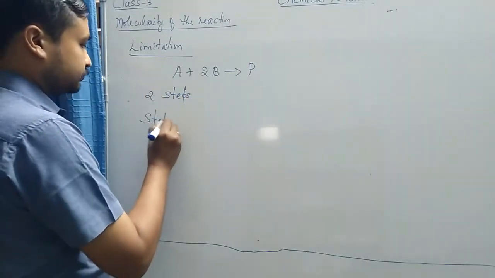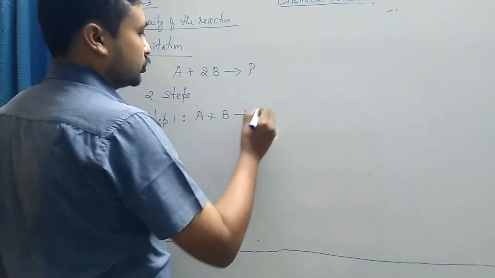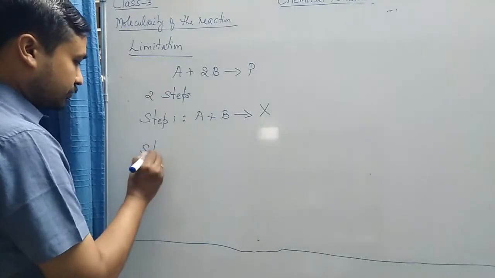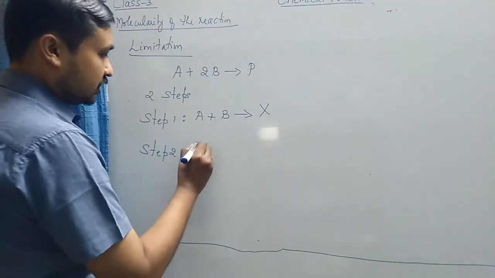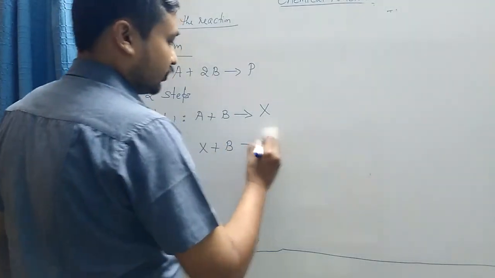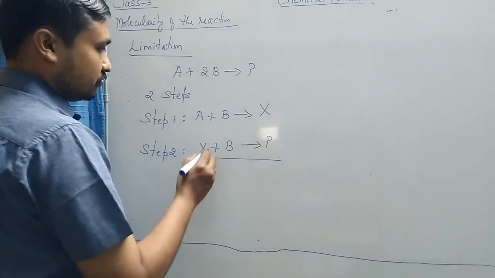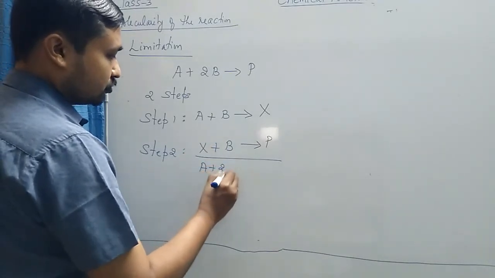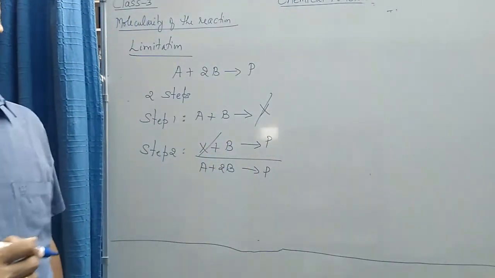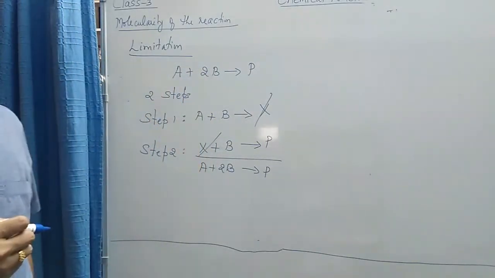In the first step, one molecule of A reacts with one molecule of B to form some intermediate species called X. And in the second step, this X reacts with another molecule of B, resulting in the formation of the final product P. If you add these two, the overall reaction will be A plus 2B giving product, because the X term gets cancelled, which is nothing but the balanced chemical equation. So this reaction actually takes place in two steps.